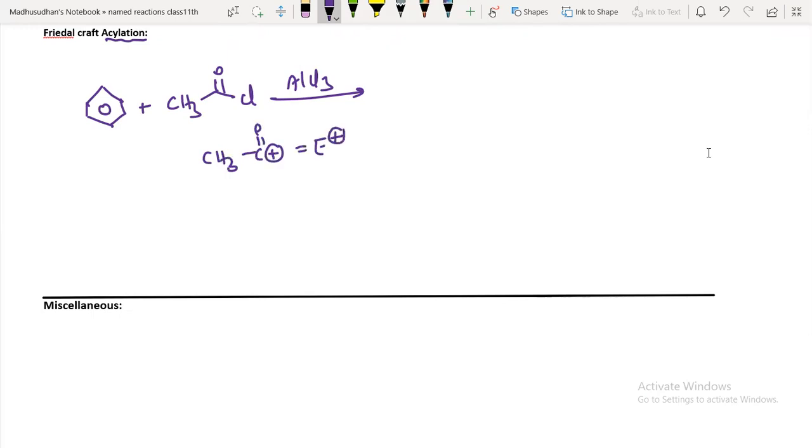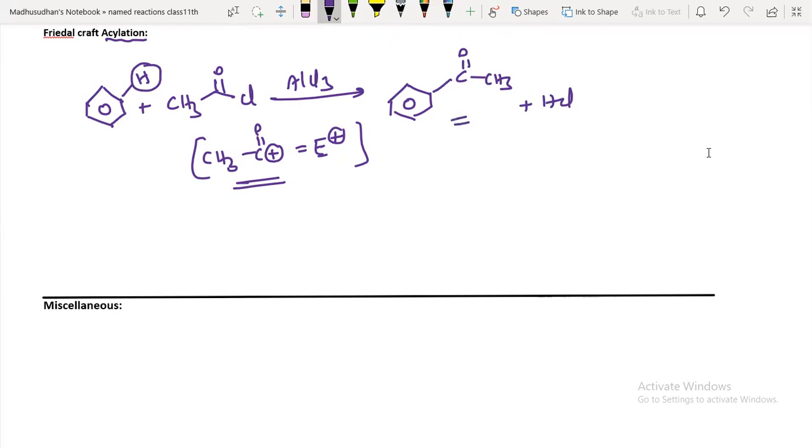This is the electrophile formed in the acylation reaction. This electrophile replaces one of the protons on benzene. So you are going to get C double bond O CH3 attached to the ring, and the byproduct is HCl. Here the product formed is called acetophenone.